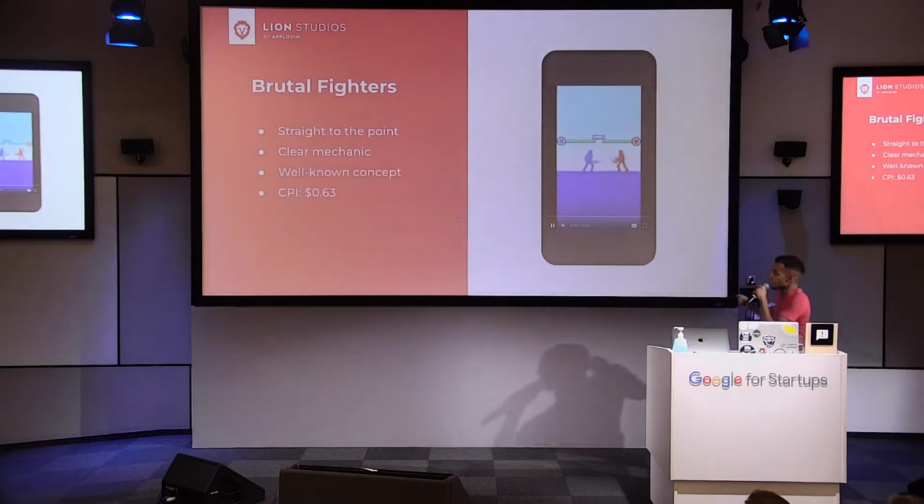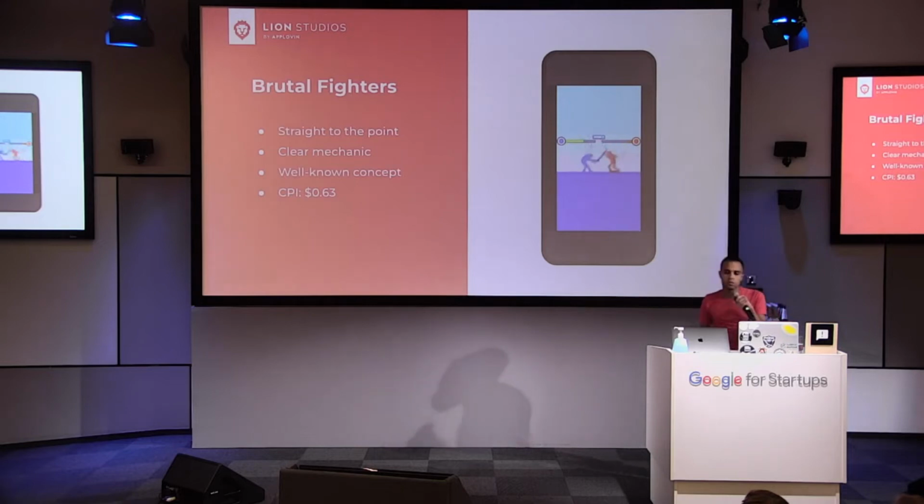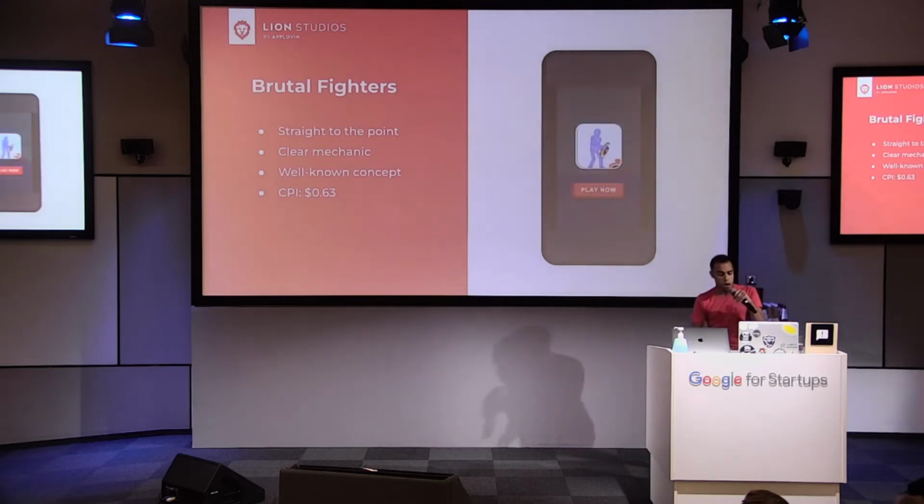Here is a good example of an ad for the same game. As you can see, the ad is straight to the point. We don't have this first part where you are doing whatever.